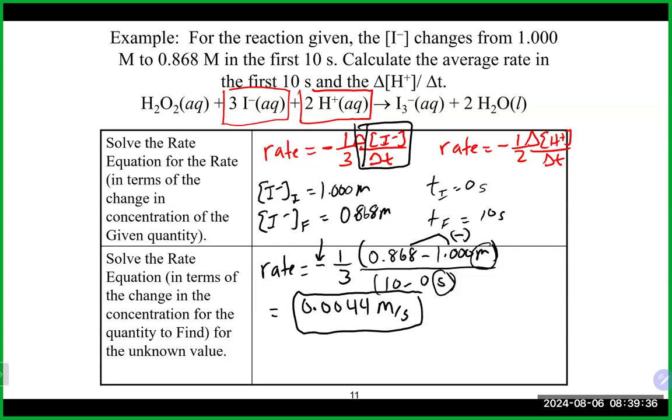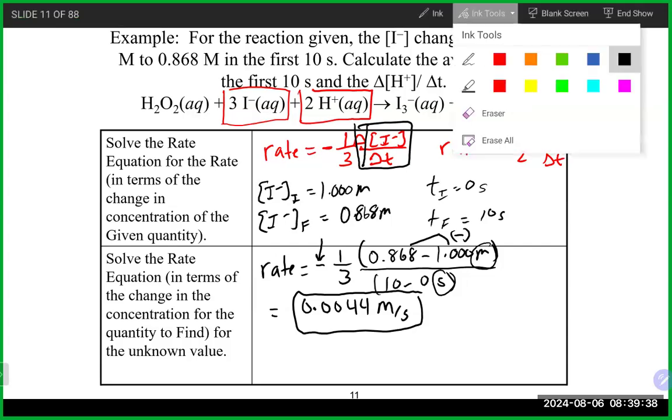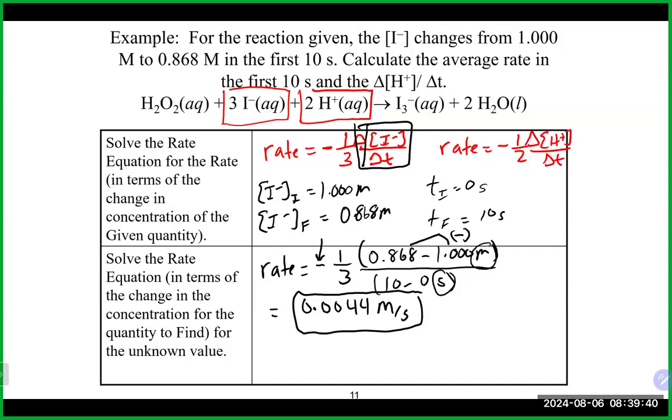Now, we are also interested specifically in the reactant H plus, and how it is changing. What we just calculated is the rate of the overall reaction, which is also the rate specifically for our H plus as well. It is the same number. So everywhere the rate's basically the same.